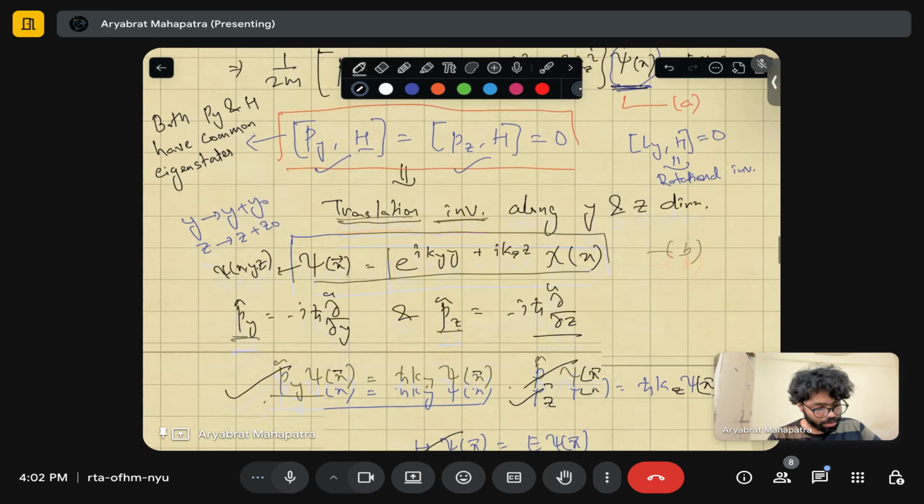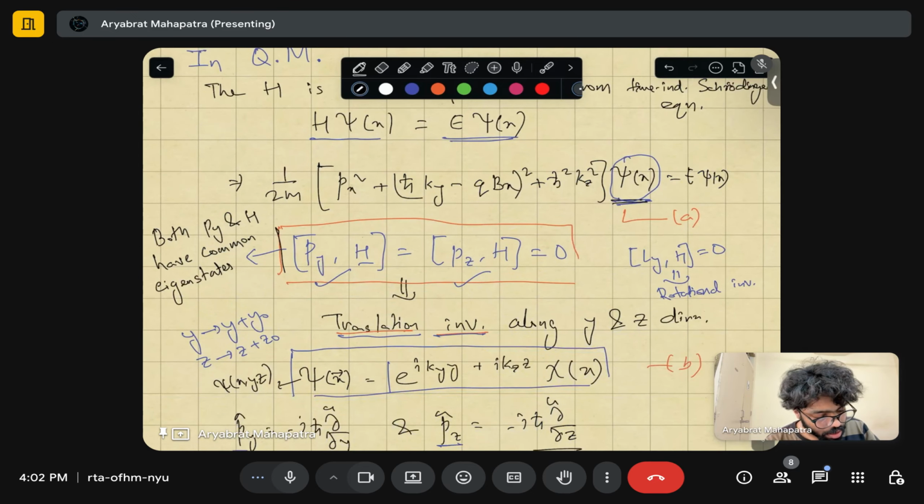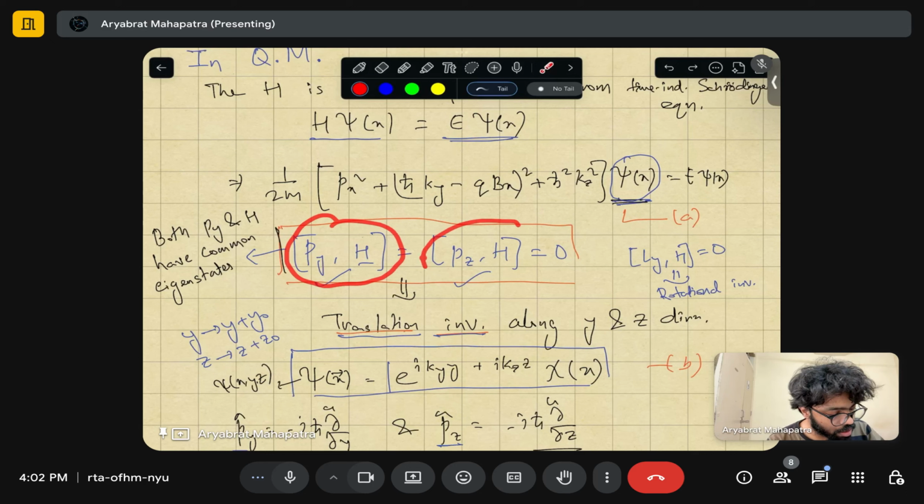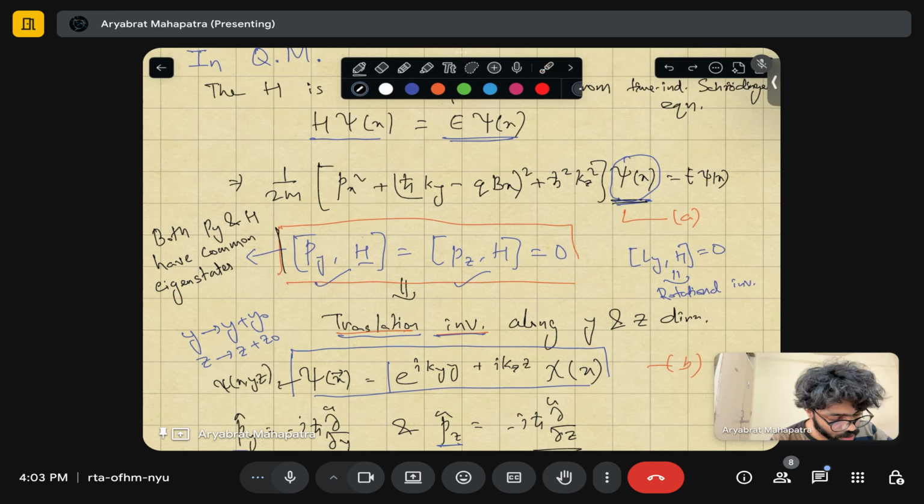So that is why we were having this commutator relation, and that is why these commutations were zero. And as we said, both py and h have common eigenstates, and similarly here both pz and h have common eigenstates.